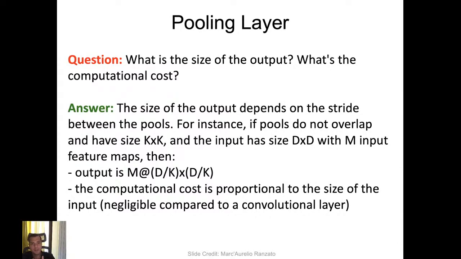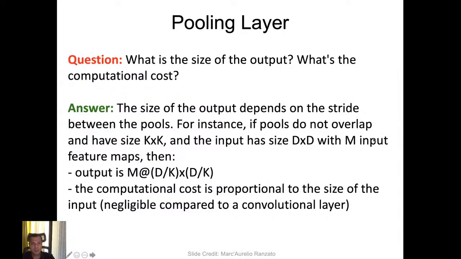For the pooling layer, we have some straightforward answers, which are kind of equivalent to the convolutional layer. The output is also proportional to the size of the input, only that this time usually we apply the kernels with a stride of k. So if the size of the kernel is k, we apply it at stride k. Then the output volume is the input volume divided by k.